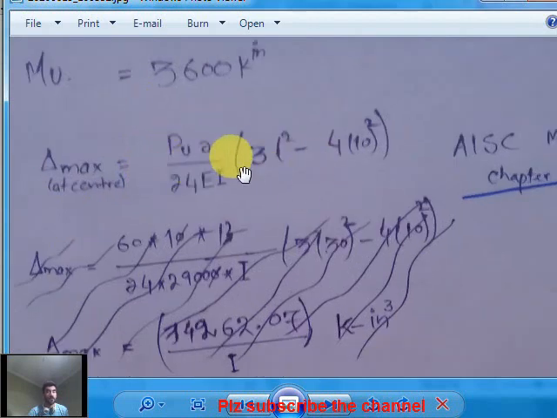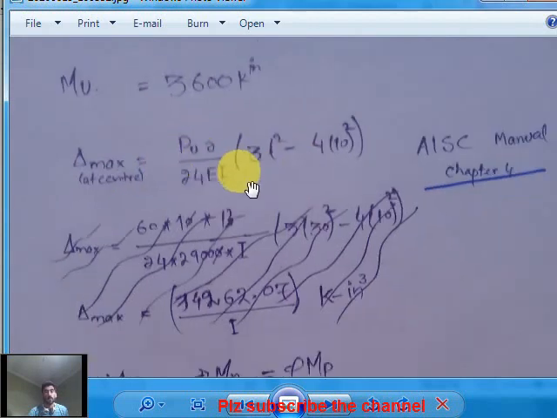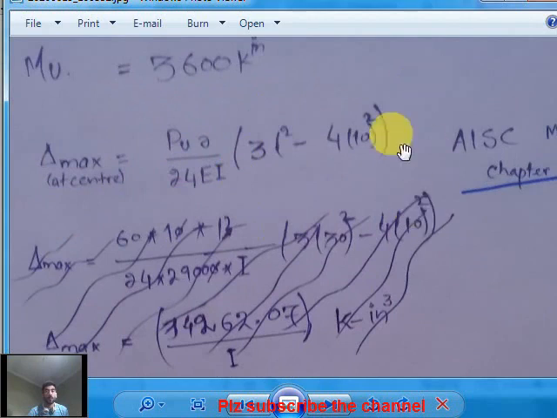Okay, so we have two-point loading. As you saw in my previous lecture 14, 12, we had UDL loading, so for that we used a different deflection formula. For a point load acting at the mid-span it is different, but here we have two equal concentrated loads at the third points, so we have to use this formula.